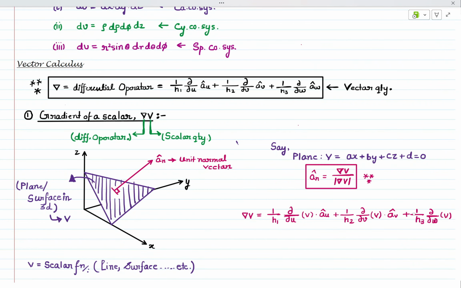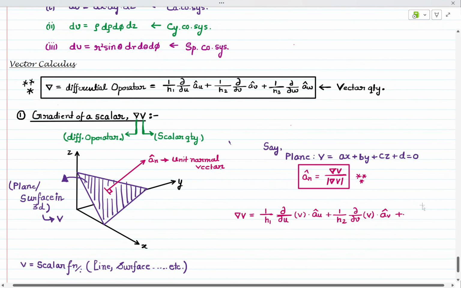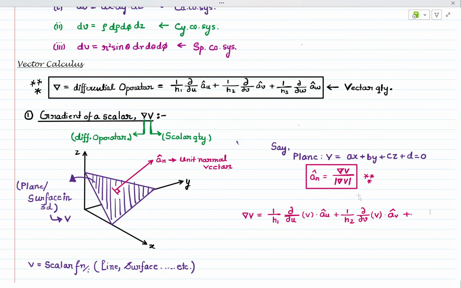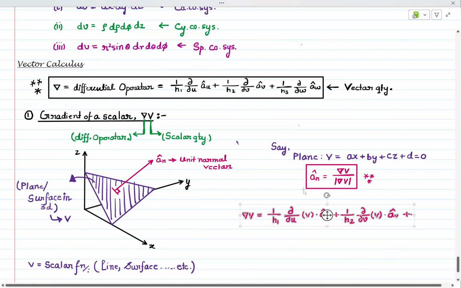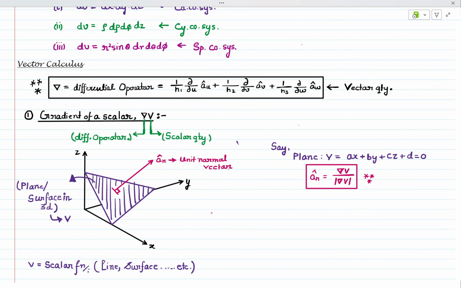Just a minute, there is a space shortage here. So del V will be 1 by h1 dou V by dou u in the direction of au, plus 1 by h2 dou V by dou v in the direction of av, plus 1 by h3 dou V by dou w in the direction of aw.